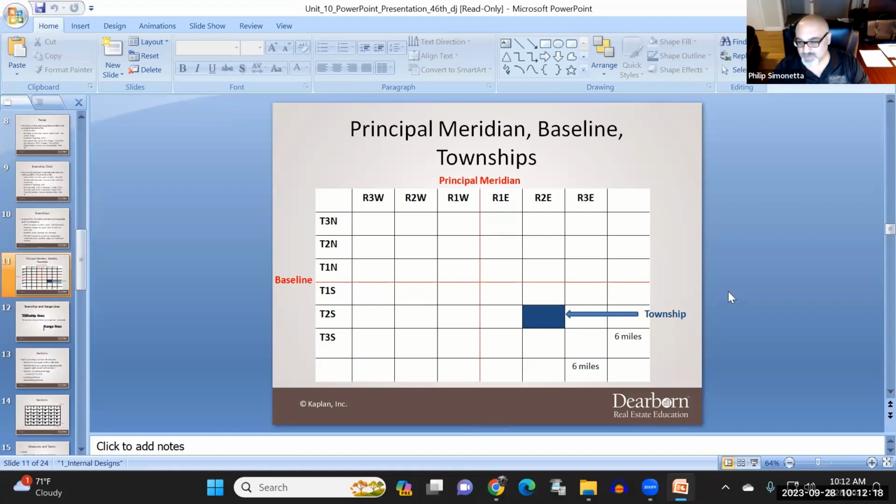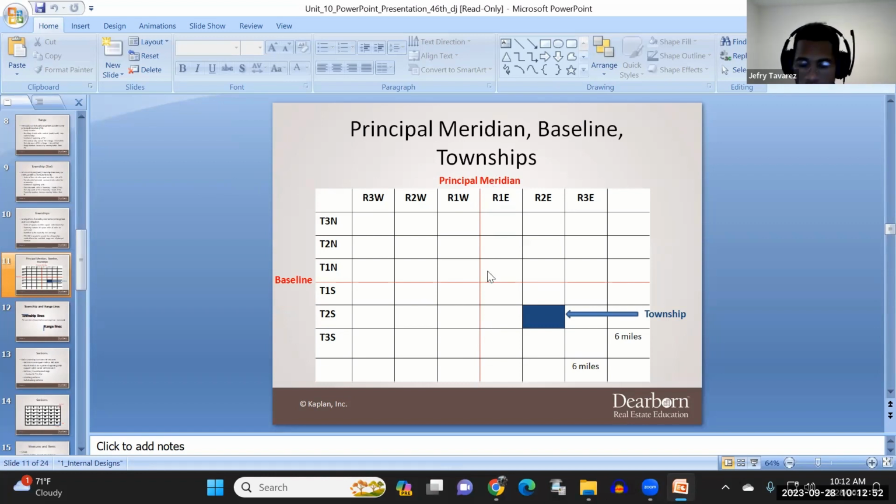When you go right, it's range 1 east, range 2 east, range 3 east, range 4 east, range 5 east, because that's to the east. That's the center, right? So anything to the left of it is west, anything to the right is east. Anything to the left is R1 west, R2 west, R3 west, R4 west, all the way out. Does that make sense?